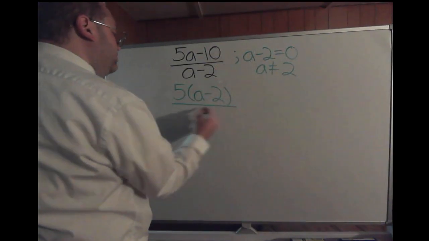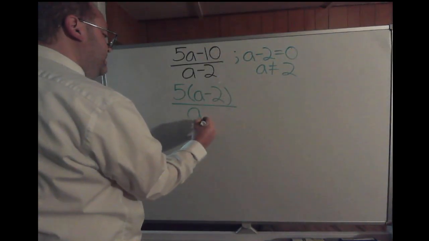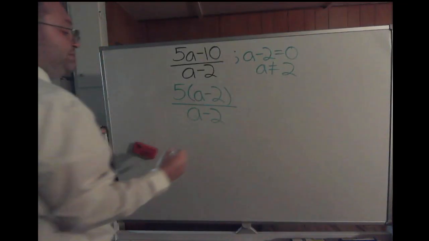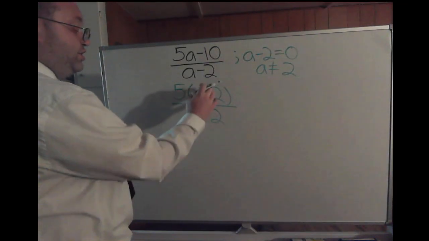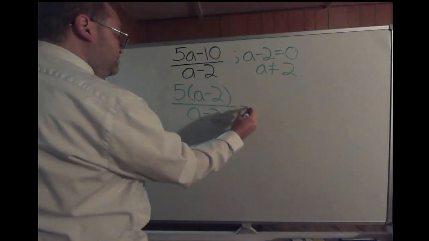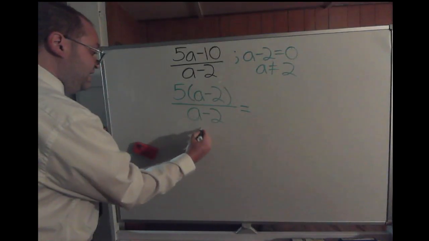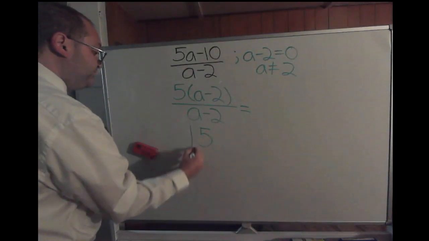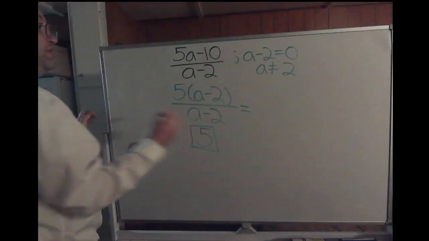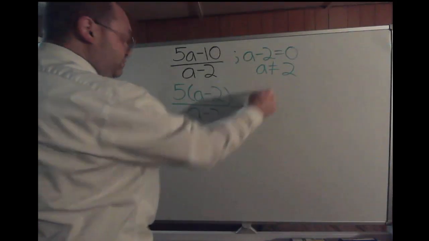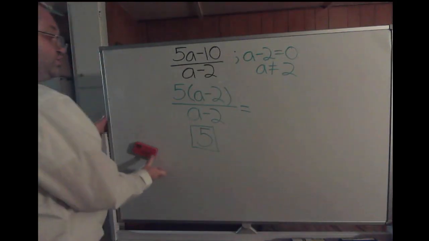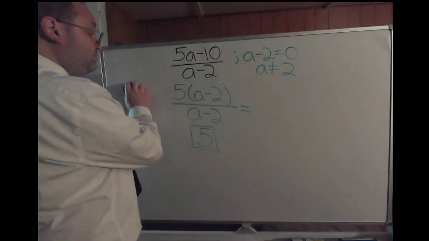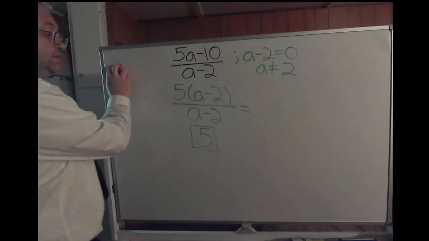You have that all over the expression of a minus 2. Now between the numerator and denominator, you have a common a minus 2. So you factor those out, you just get 5. The answer is 5, but a cannot equal 2. That's your restriction.